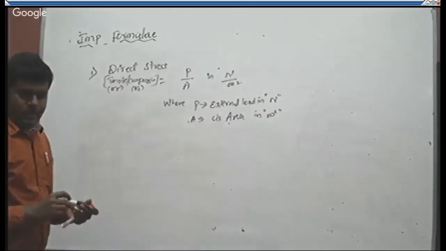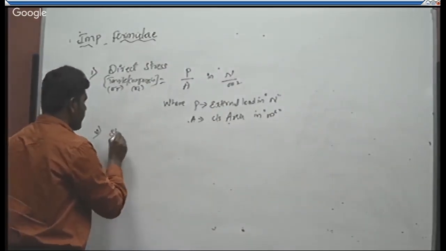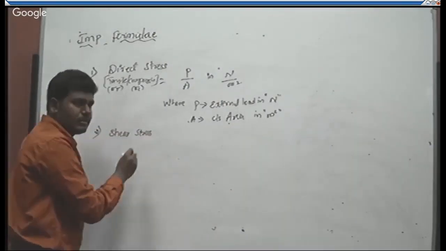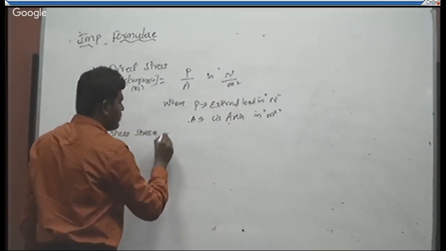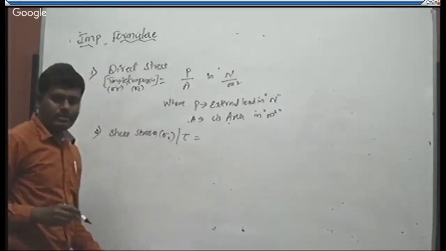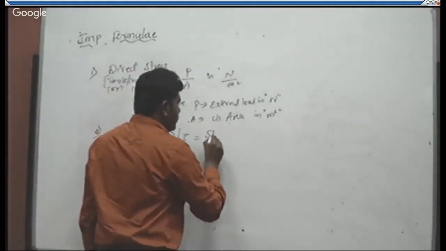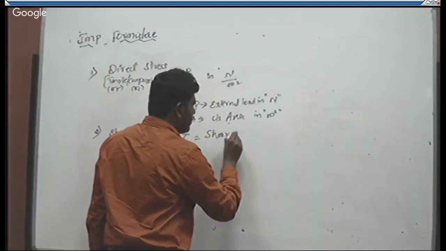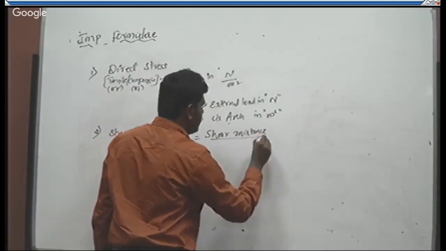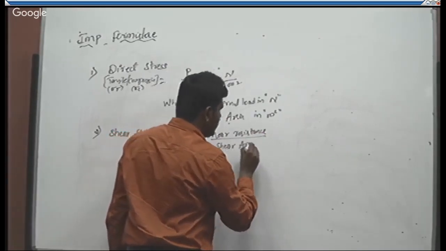The second one is the shear stresses. Shear stresses are denoted by sigma S, or we can write tau, which is shear resistance by shear area.